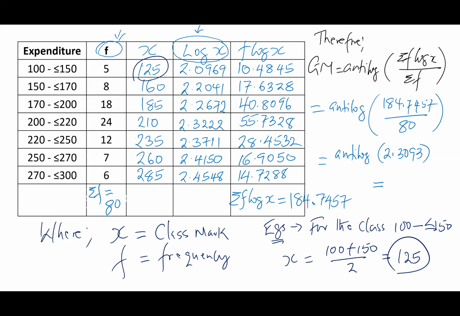The antilog of 2.3093. How many dollars? The final answer.